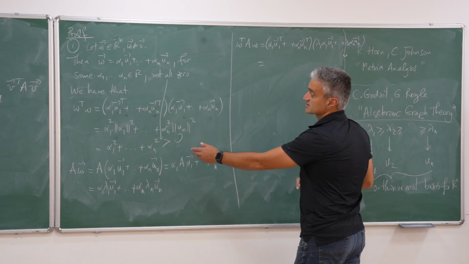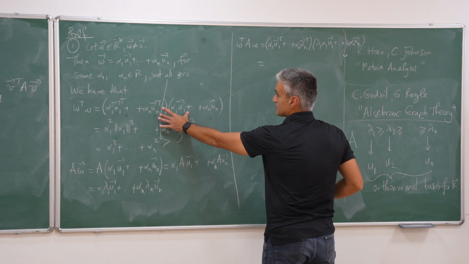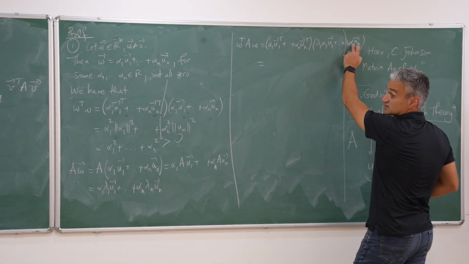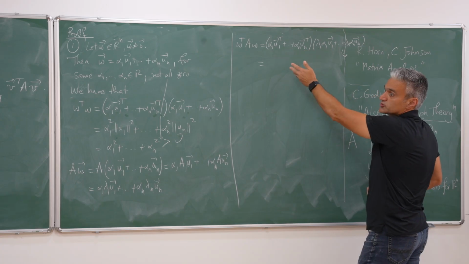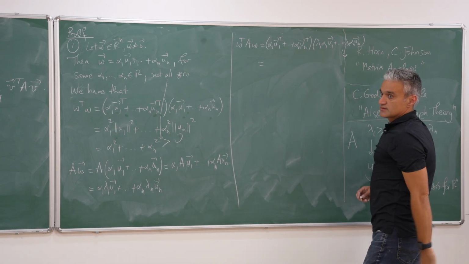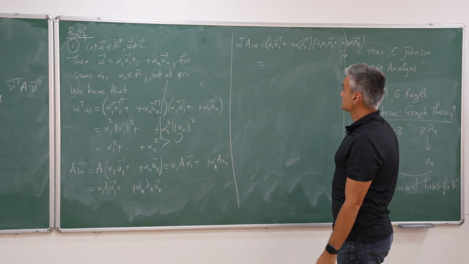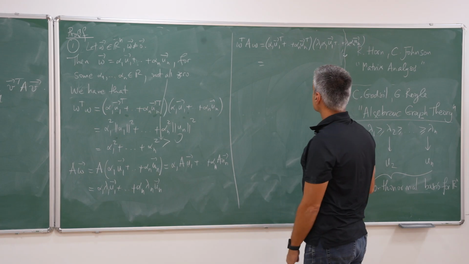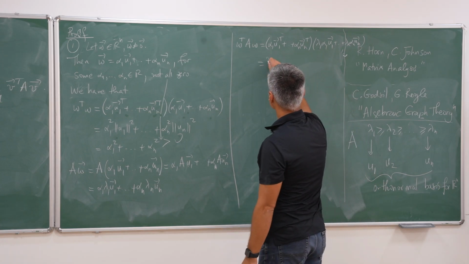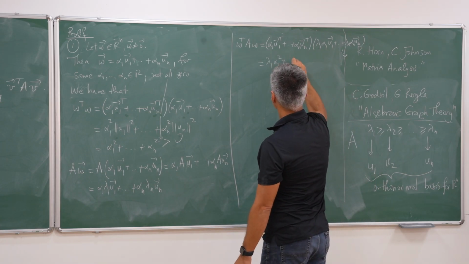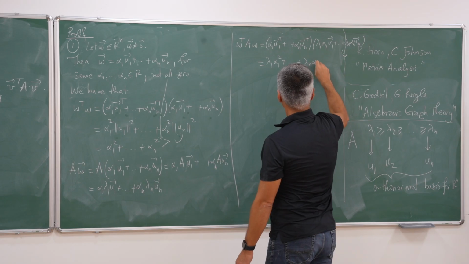It's almost the same as here, but you have the lambdas in there. The same thing happens because of orthonormality: they cancel each other, so you're going to have lambda 1 alpha 1 squared plus ... plus lambda n alpha n squared.